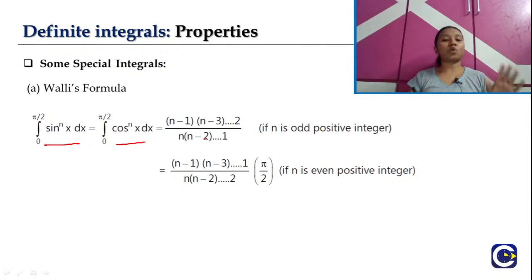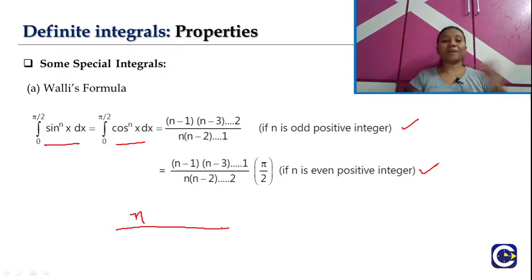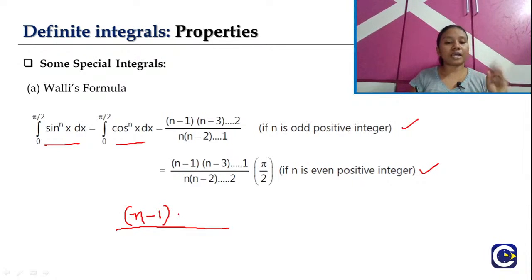What will be the formula when n is an odd positive integer, and when n is an even positive integer? Let's have a look. When n is an odd positive integer, our Wallis formula will have two parts, a numerator as well as a denominator, and in the numerator we start the values from n minus 1, and then n minus 3.